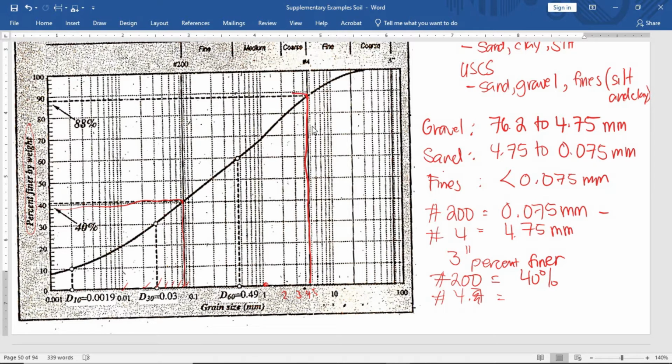Diretso lang natin. So, it is 88%. Ang 4.75 mm ay 88% finer. And last is ang 3 inches. Kung ito ay 10, 20, 30, 40, 50, ito, 100% na. So, 100%.